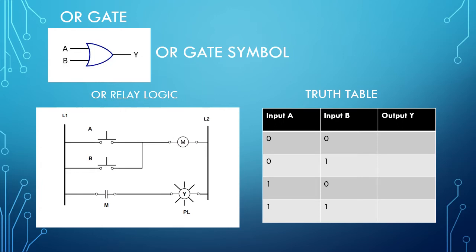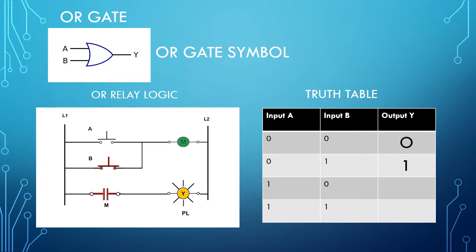Again, we'll take a look at the truth table for the OR gate. So if I do not press A and I do not press B, so A or B is false, then output Y is false. If I should press button B, then I do have a path on the second line that will energize coil M, which will pull in M contacts and turn on my yellow pilot light.